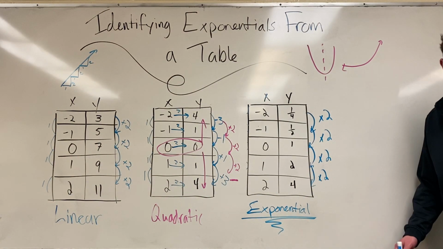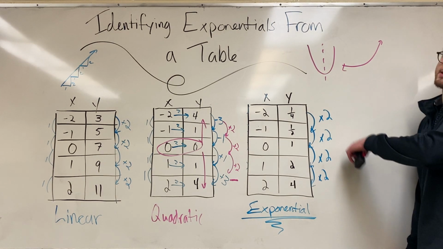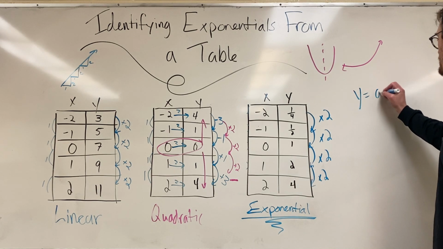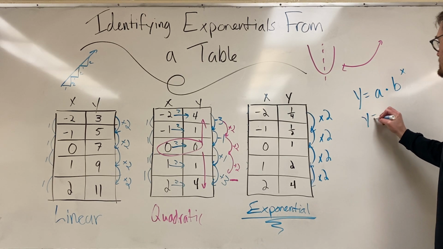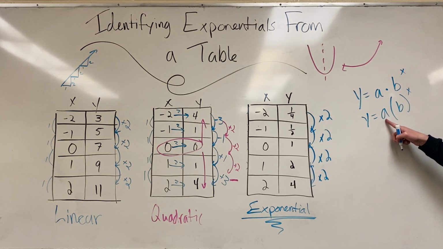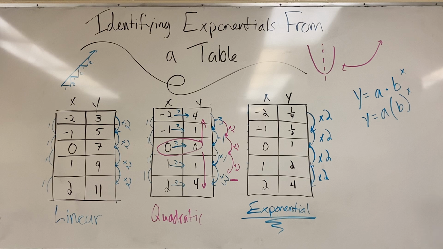The next step to that would be now I want my students to write the equation that this table represents. Now remember, so far all my students are doing is this. They also saw it in their last assignment written like that. Remember, when you have a number next to a parenthesis, it's multiplication, so this is still a times b to the x.